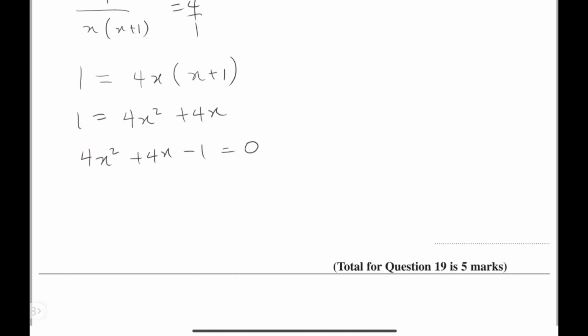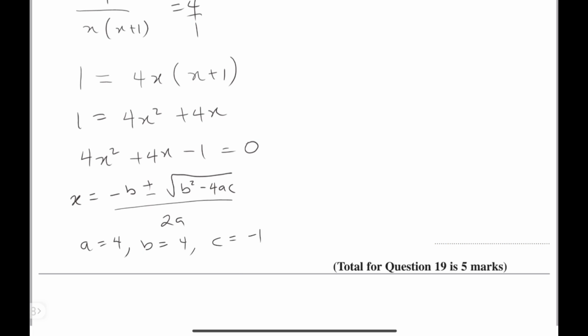So the quadratic formula is x equals minus b plus or minus root of b squared minus 4ac, over 2a. Where a is the coefficient of x squared, which is 4, and b is the coefficient of x, which is also 4, and c is negative 1.